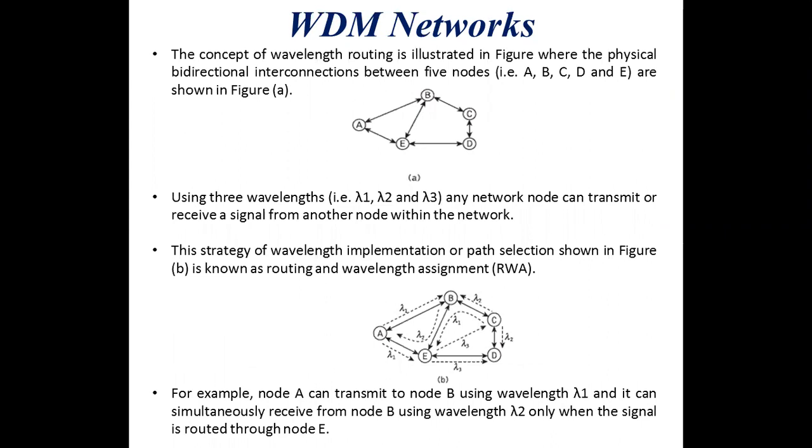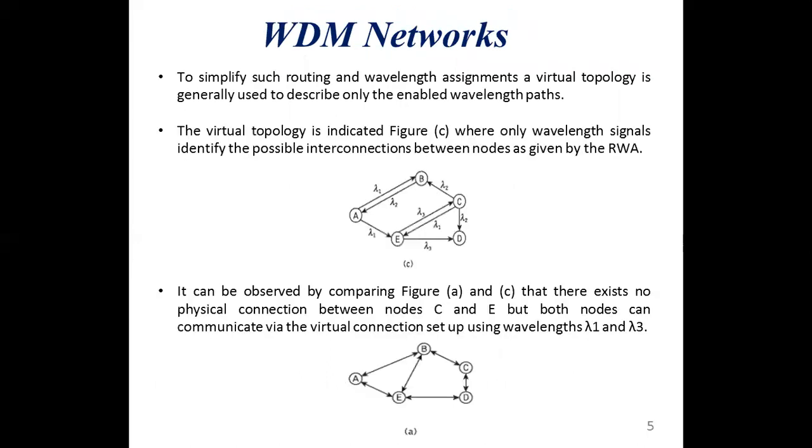We saw in detail diagram B, which you can see on the screen, that between node A and B, transmission and reception both can happen: transmission using a light path on lambda 1, and reception using wavelength lambda 2. We can also see that there are 5 nodes, however the number of wavelengths which can be used for transmission and reception is only 3. This is also something we had seen previously.